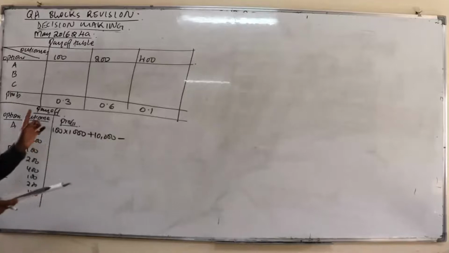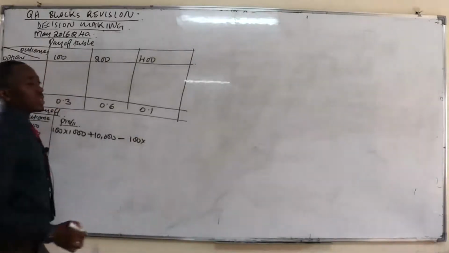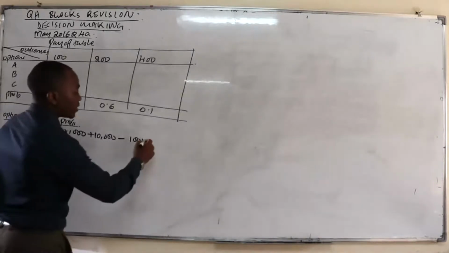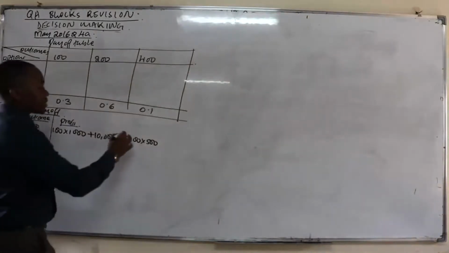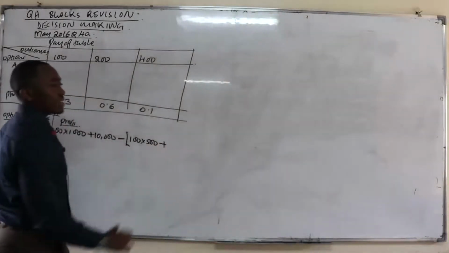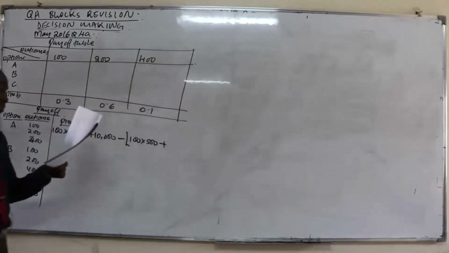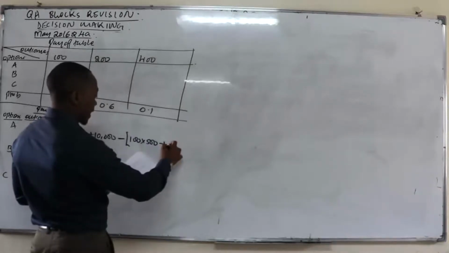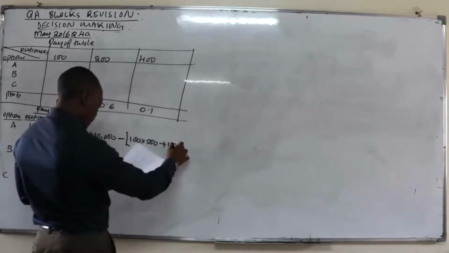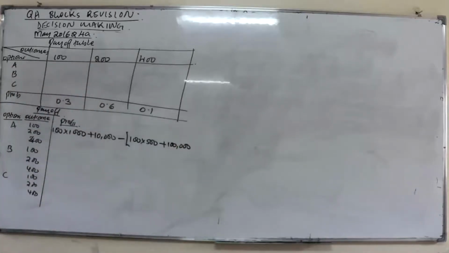So if the demand is 100, you take 100 units and multiply by the production cost of 500, plus there is another cost, the purchase cost. The purchase cost for that machine is 100,000. That is more like the fixed cost.